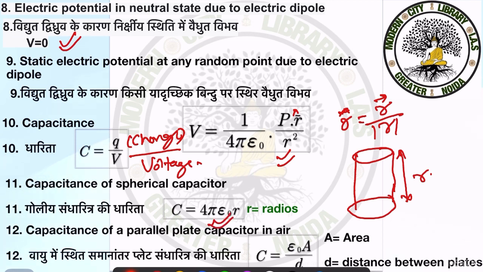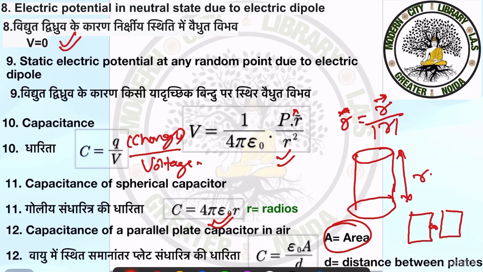Next is the capacitance of a parallel plate capacitor in air. If the plates are settled in parallel form, then the capacitance is C equal to epsilon naught A over D. A is the area of the plates, D is the distance between the two plates.